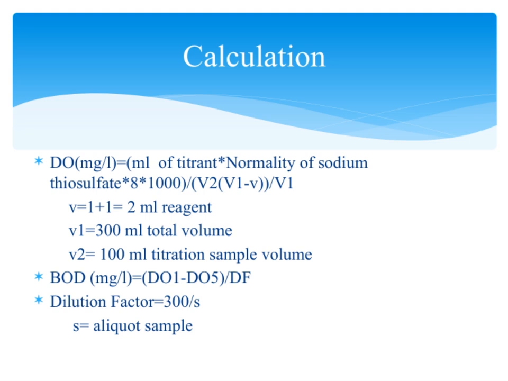Next, the BOD, or biochemical oxygen demand, in milligrams per liter, is calculated as the difference between DO readings at 2 different points, DO1 and DO5, divided by the dilution factor, DF. The dilution factor itself is calculated as 300 divided by S, where S is the aliquot sample volume taken for analysis.